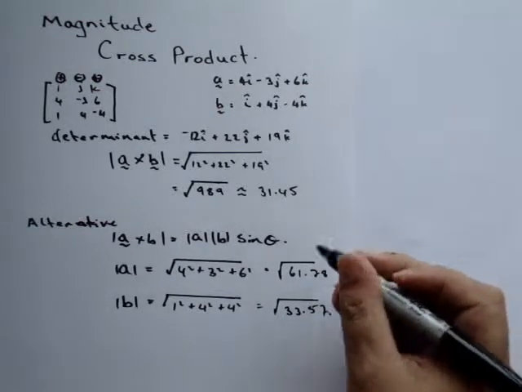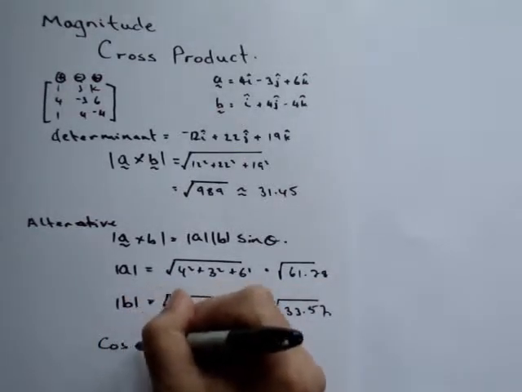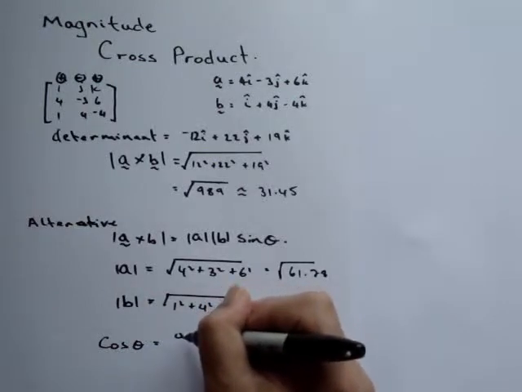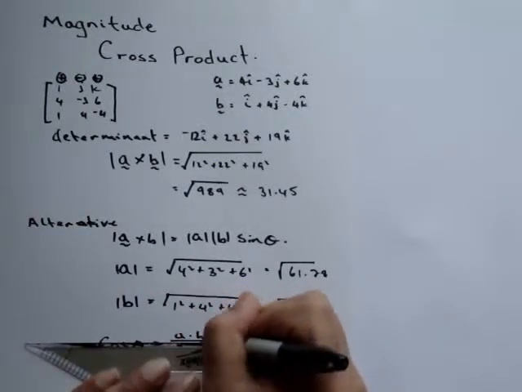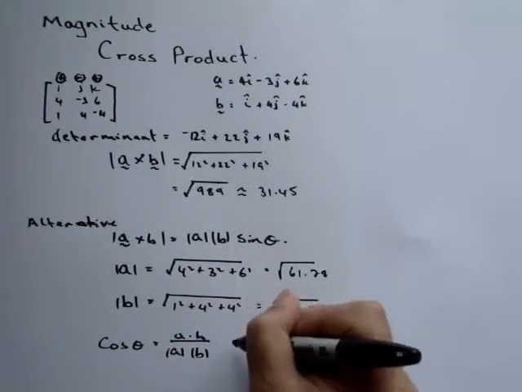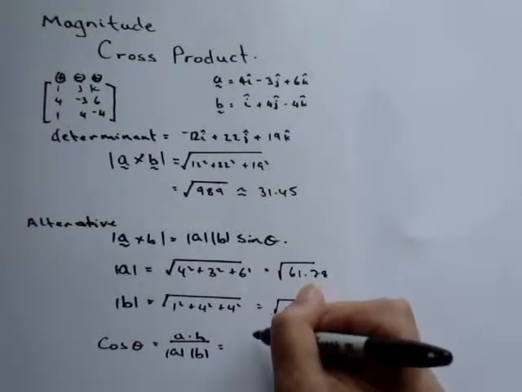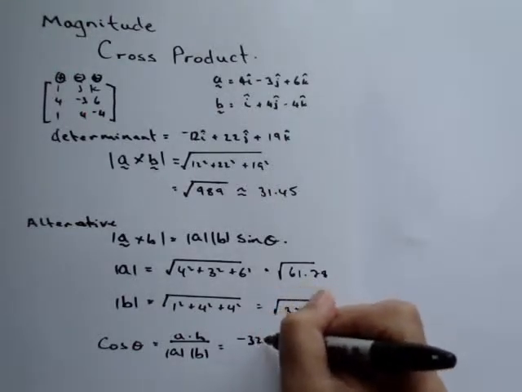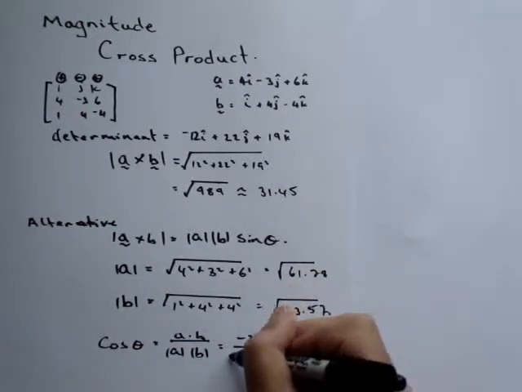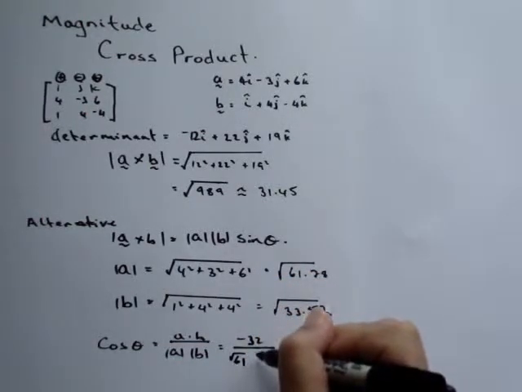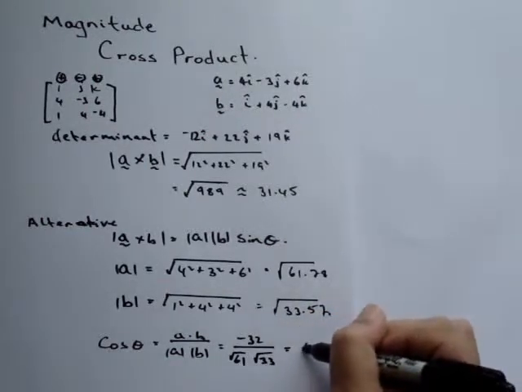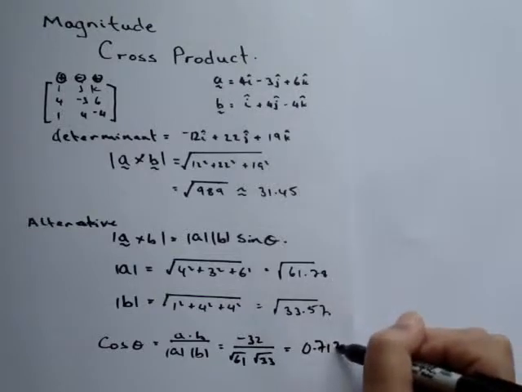Now cos theta we know equals the dot product of A and B over the product of the magnitudes. So this is minus 32 over square root of 61 times square root of 33, and that is minus 0.713.